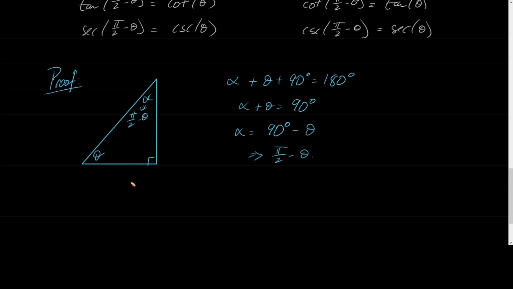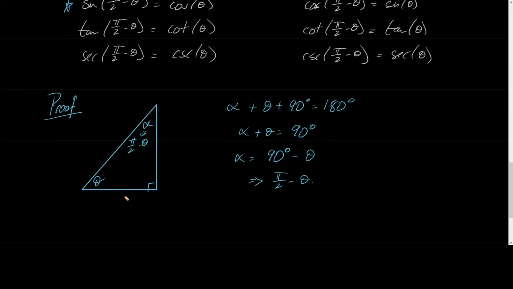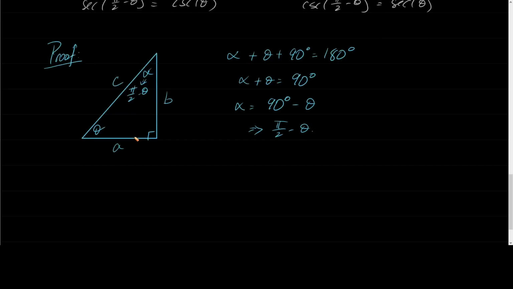All right. So how's that helpful? Well, if I name these sides, let's name this side A, this side B, and this side C, and I start from this angle, I'm going to take sine of this angle right here. So sine of alpha, which would be simply sine of pi over 2 minus theta.